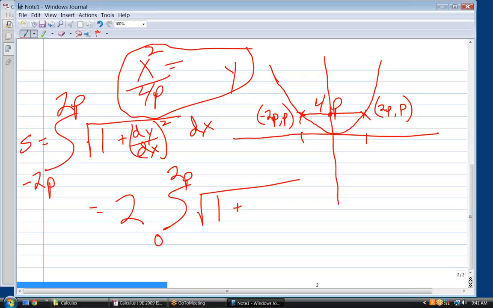So just use the power rule. It's not a quotient rule, because remember p is a constant. P is not changing here. P is based on the formula. I was integrating, not differentiating. So you differentiate and you get 2x over 4p, which is the same as x over 2p.